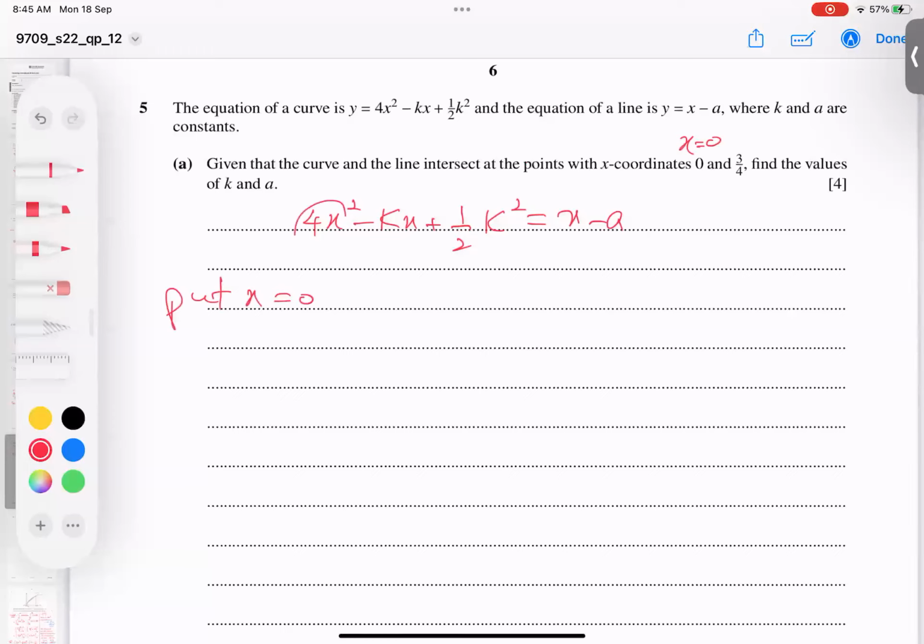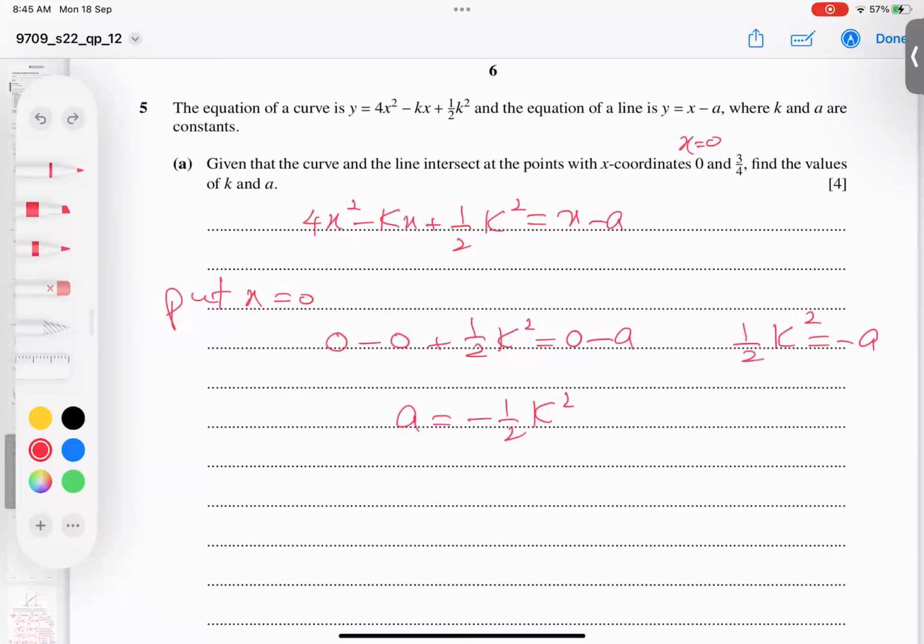So when I replace 0 here and 0 here, I got 0 minus 0 plus half k square and 0 minus a. In this way, I get one equation: half k square is equal to negative a. Or I can write a is equal to negative half k square if I bring the negative sign here.